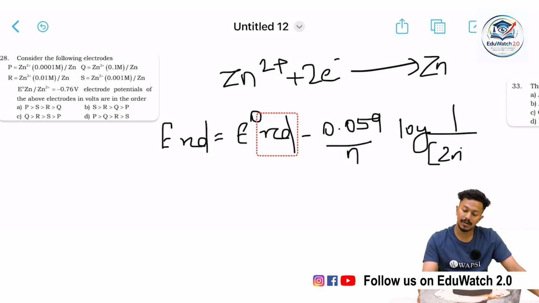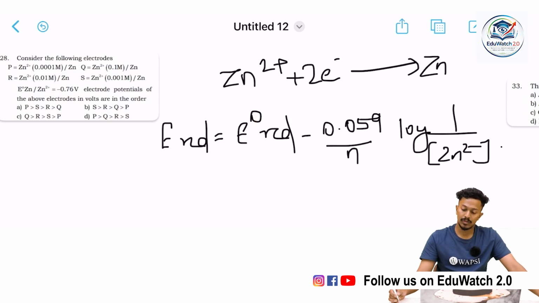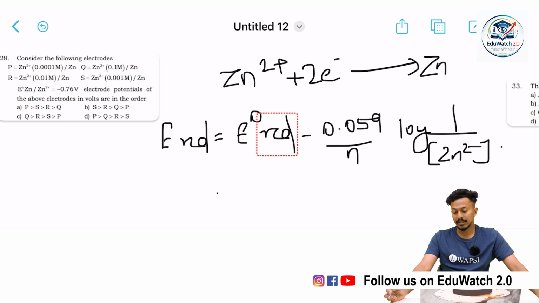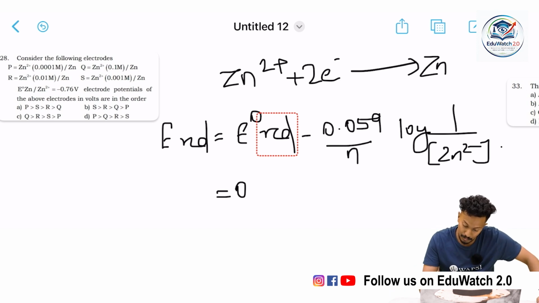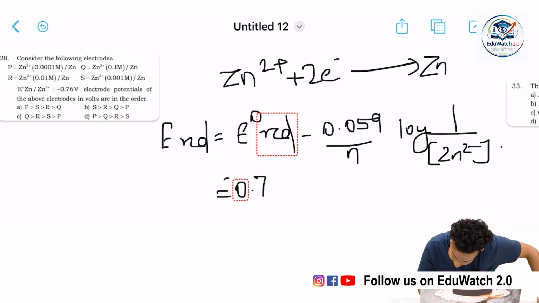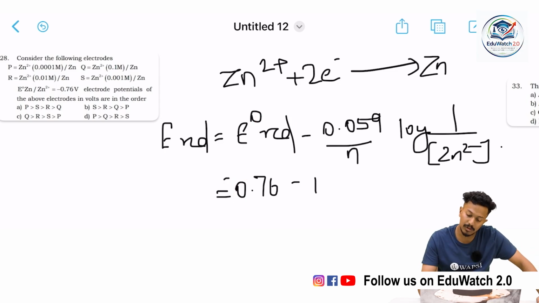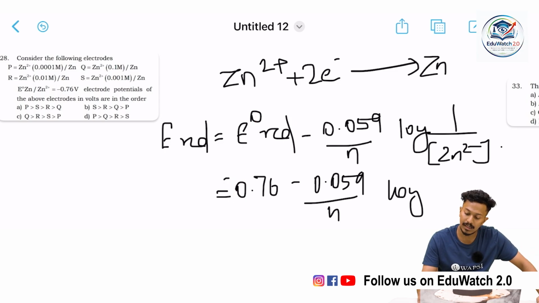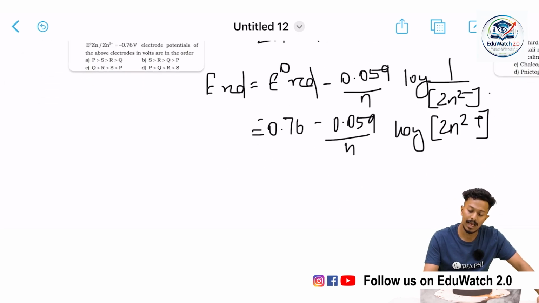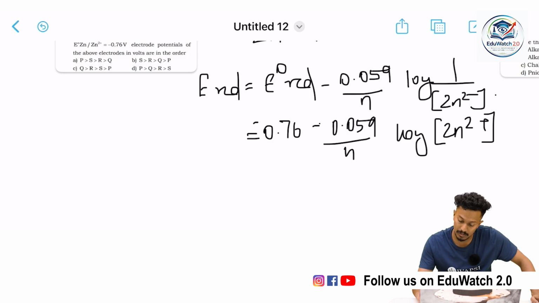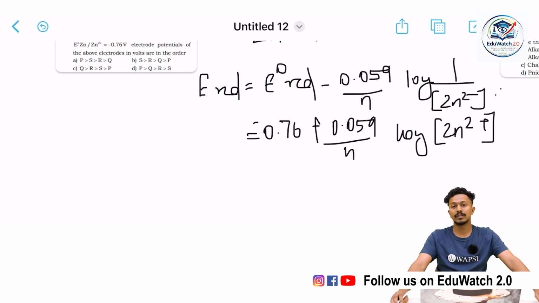1 by Zn2+. So here we could say that the E reduction for this reaction would be minus 0.76 minus 0.059 by n into log 1 by Zn2+. We do know that, and log 1 by Zn2+ is given by negative log Zn2+.